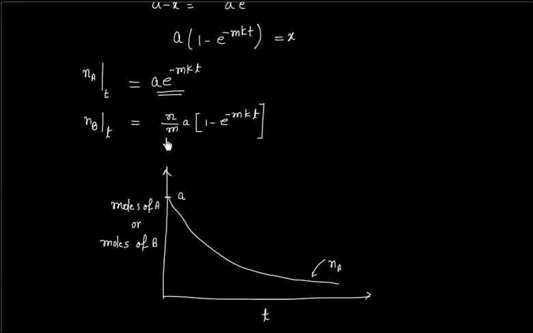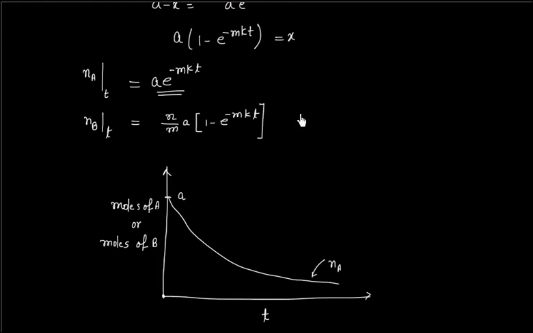Similarly, we can find moles of B. At t equals 0, this value is 0, so the exponential term is 1, so moles of B at t equals 0 is 0. Now at t equals infinity, the exponential term will be 0.